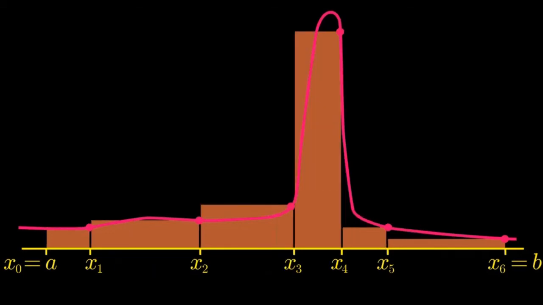And to fix that, you can take 6 subintervals of varying width, and the narrower subintervals, where the xi's are closer together, can be placed in the region where the curve is steeper. And then you get a right Riemann sum that comes much closer to the actual area under the curve.